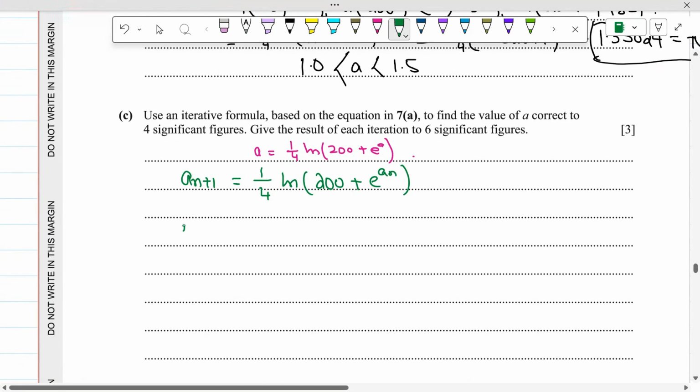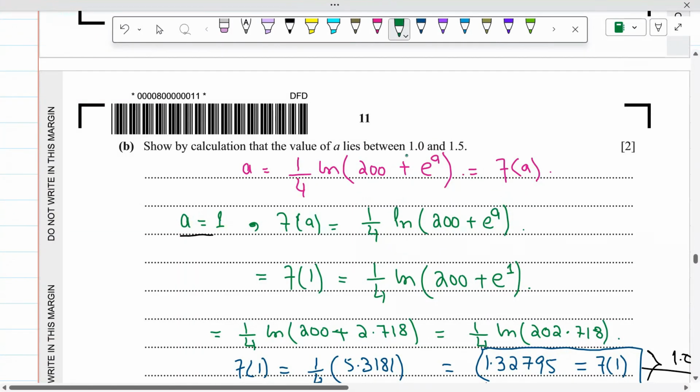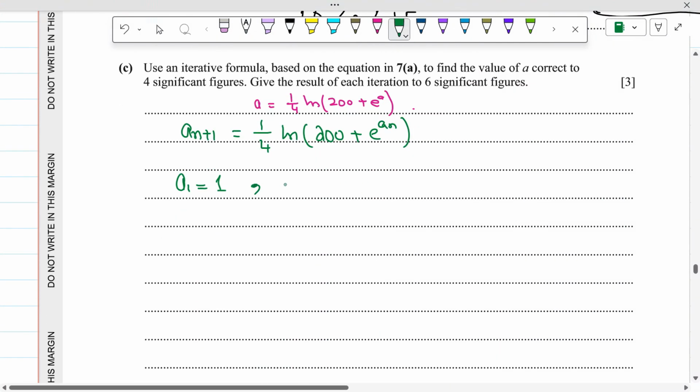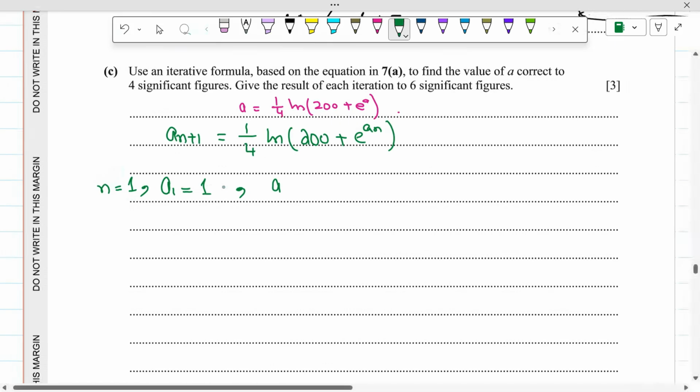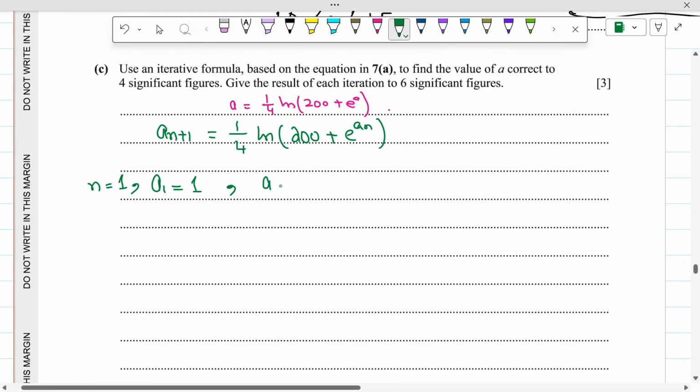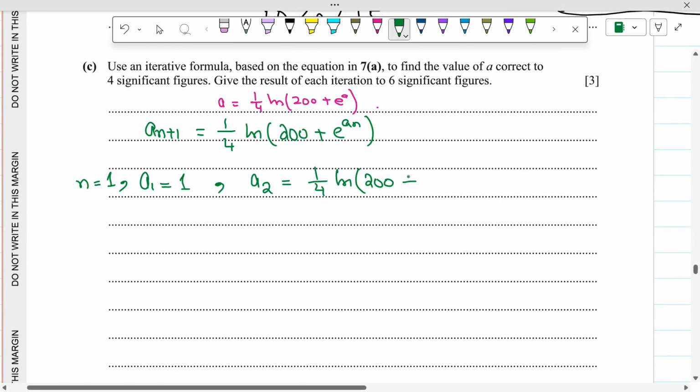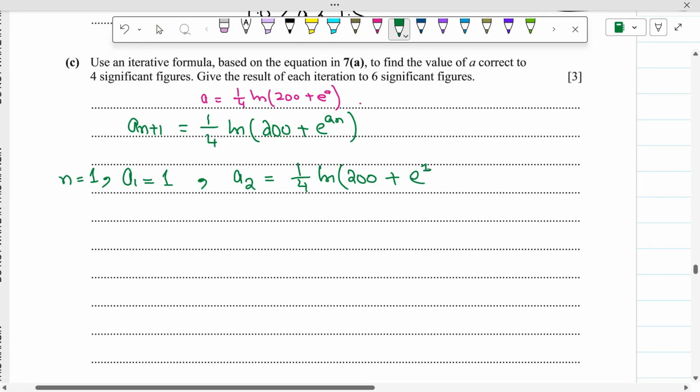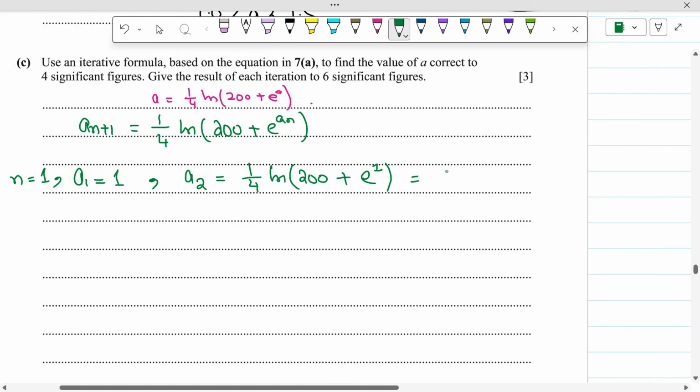First, we consider a1 equal to 1. We start from this value 1. In this case, n is equal to 1, so a2 is equal to 1 over 4 ln of (200 plus e^(a1)), and a1 is equal to 1, so e^1.